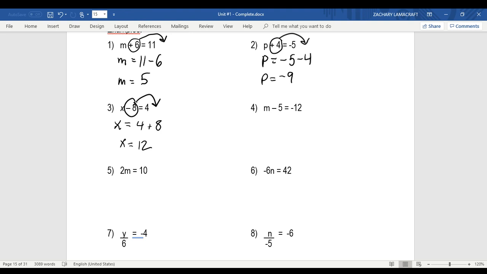For question number 4, what's our variable? M. What do we need to move to the other side? The negative 5. It becomes, yep, we add, or become positive 5. So negative 12 plus 5. M is then equal to negative 7.